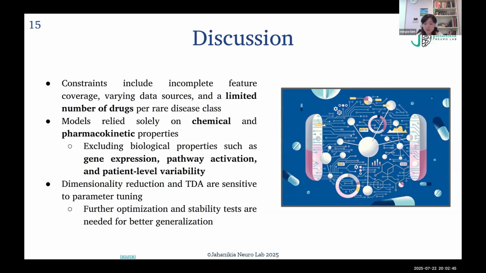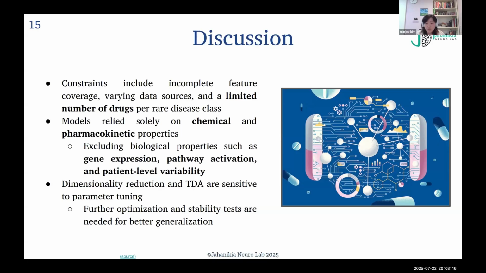However, we did not include data about the pathway activation and patient-specific variability or gene expression or associated genes. These biological layers could significantly influence how effective a drug might be in real-life scenarios, so the exclusion is a considerable limitation to consider.